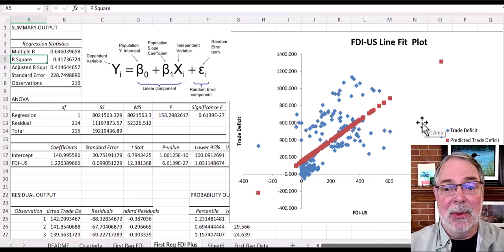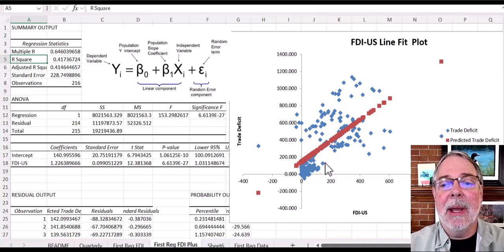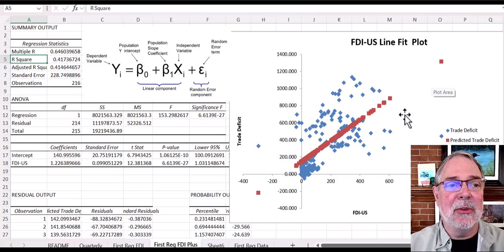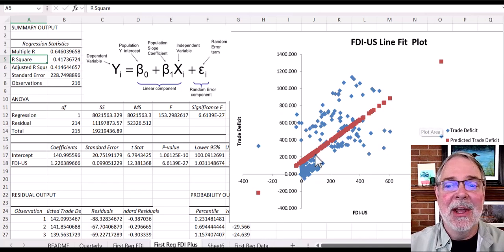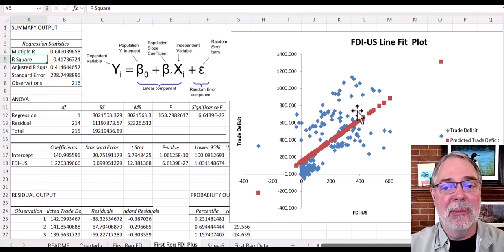That's the naive prediction. And so the thing is, by using this line, instead of a flat horizontal line, by having it slope a little bit, how much have we reduced the variation in y, in the dependent variable? How much of the variation have we explained?